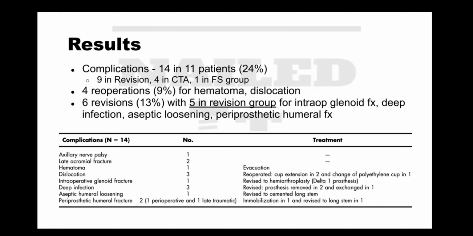And another patient had a deep infection around the 1-year mark, which was revised with resection and change of the prosthesis. And then another patient had aseptic humeral loosening, again, around the 1-year mark, which again had to be revised. And then there was 1 perioperative periprosthetic fracture, and then 1 late traumatic fracture related to a car accident that also had to be revised.